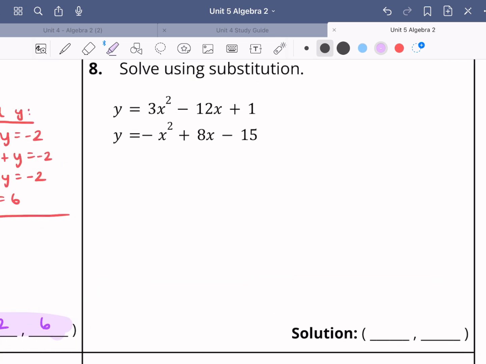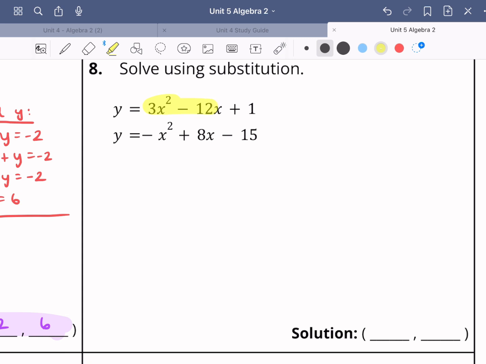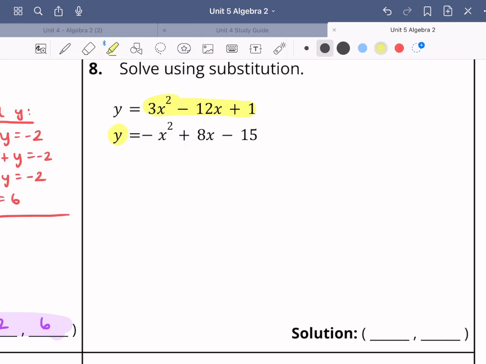We're using substitution here as well, but they are both quadratics this time. So I'm going to take 3x squared minus 12x plus 1, since that's what y equals, and substitute that in for y in the other equation. To solve, we really need to get all of our like terms combined across the equal sign, and we need it to equal 0.